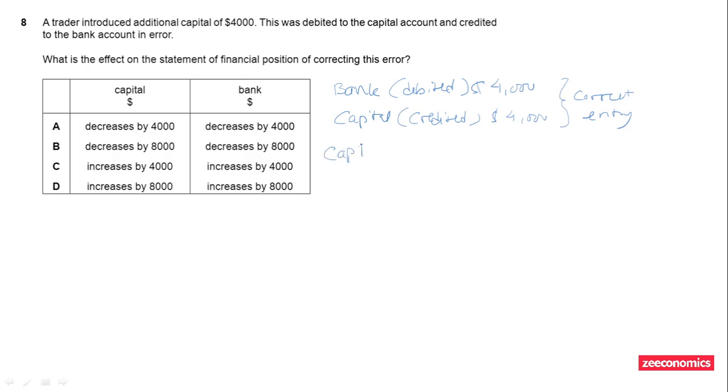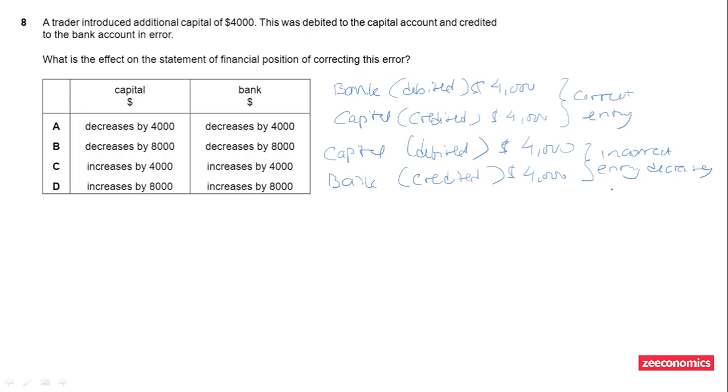First, capital will be debited for $4,000, and then the bank account will be credited for $4,000. Now these incorrect entries actually decrease both accounts.